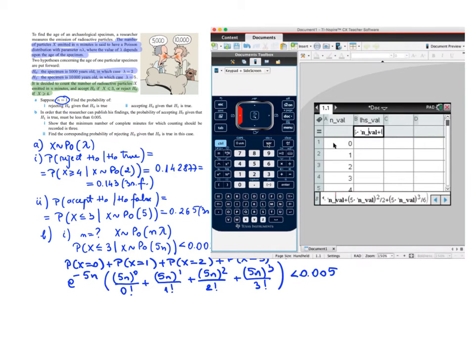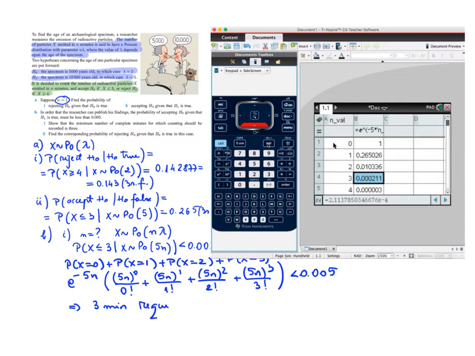Forgot to start my formula with an equal sign. And now I see that these values are bigger than the right-hand side, and the first one which is smaller is n equals 3. So my answer is 3 minutes are required.